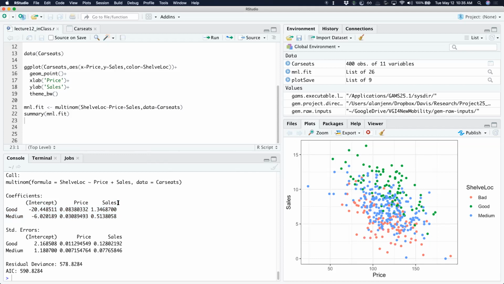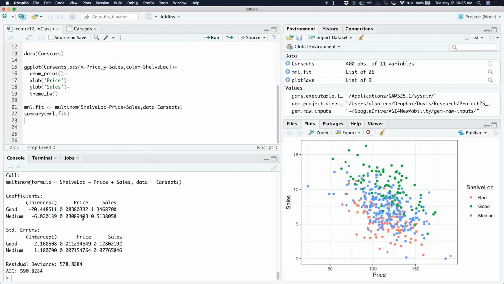When we're thinking about a linear model, I can say, as I change price in one way, I know exactly how the outcome is going to change. But that's actually not quite true here. It's going to depend on the interrelationship between the different outcomes and the level that you're setting at.